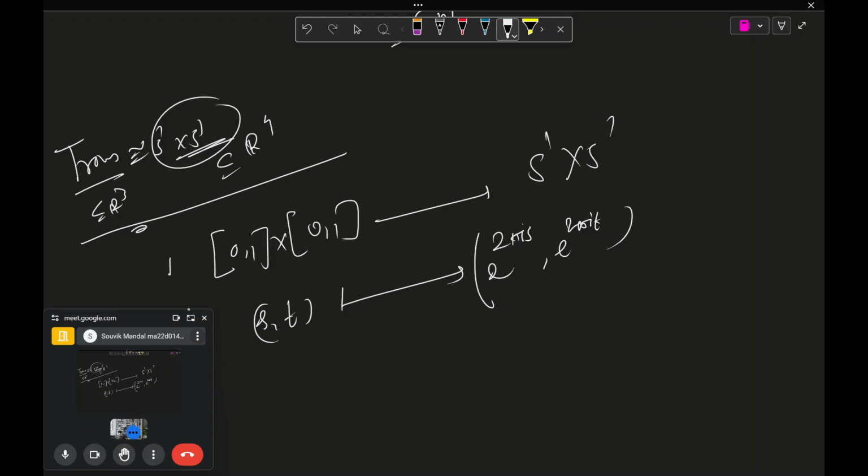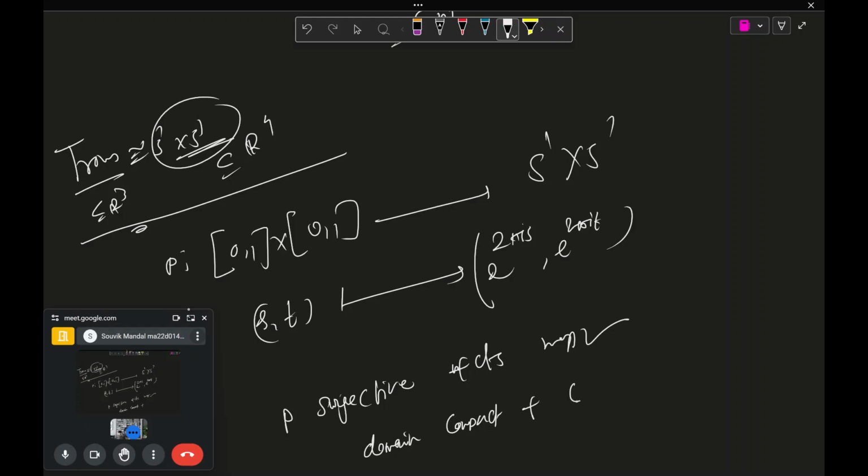Under this map, P is surjective, which is obvious, and a continuous map, which is also okay. Now the domain is compact and the codomain is Hausdorff. These imply P is a quotient map.